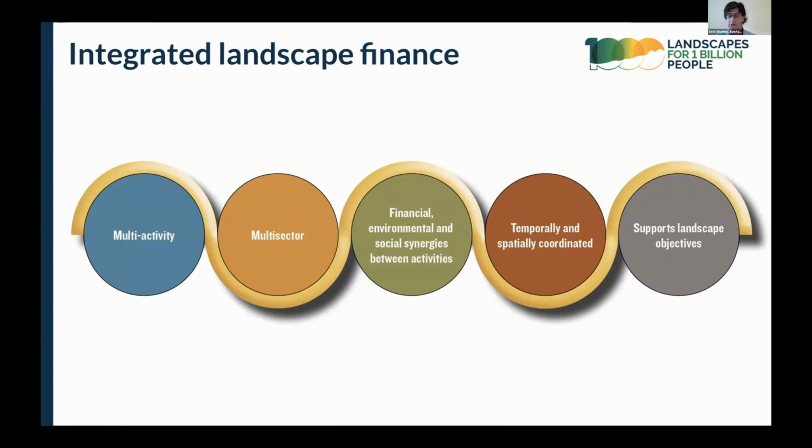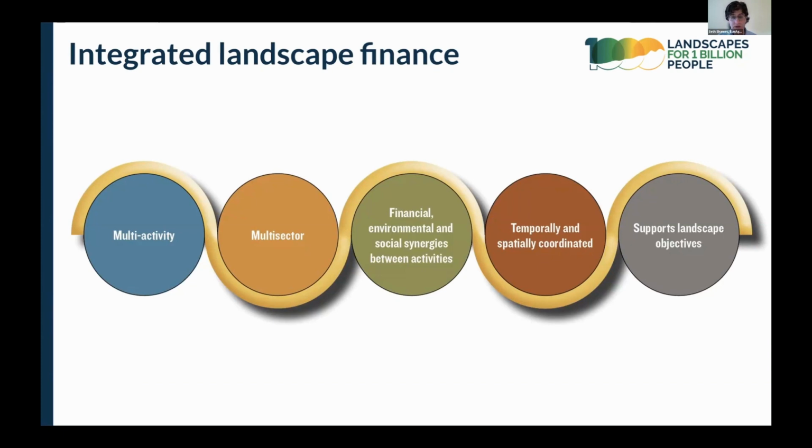And those are what we refer to as landscape finance mechanisms. These fund multiple activities across sectors with financial, environmental, and social synergies between the activities that are coordinated in space and time in support of landscape objectives. That's the perfect, idealized description of what it is.